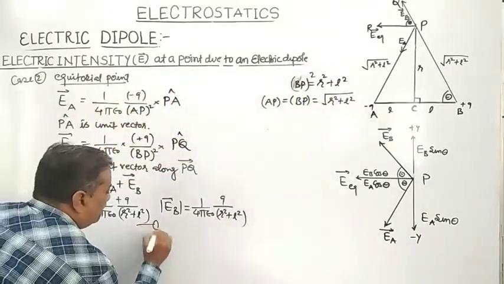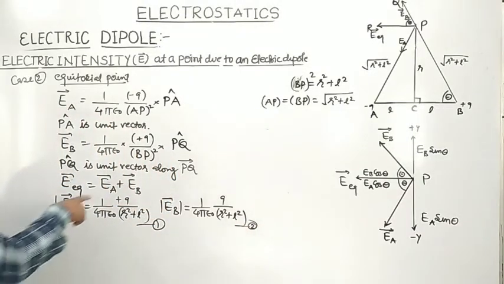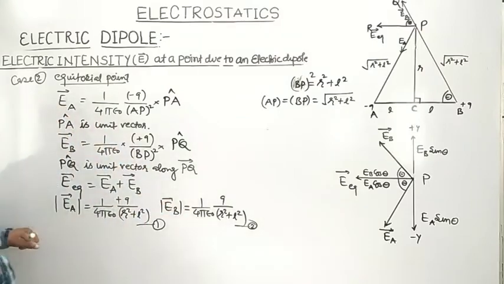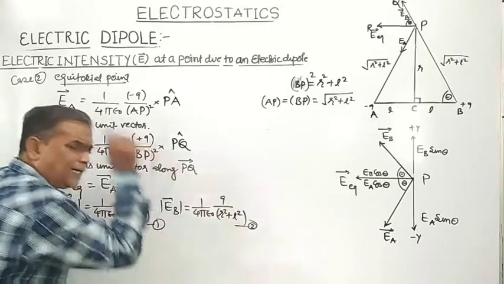So if you just compare equation 1 and equation 2, look at this, 1 upon 4 pi epsilon 0 Q divided by R square plus L square in both.